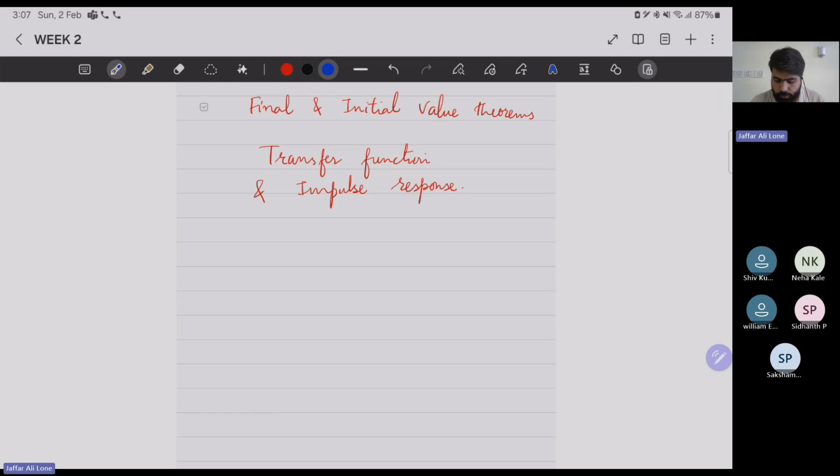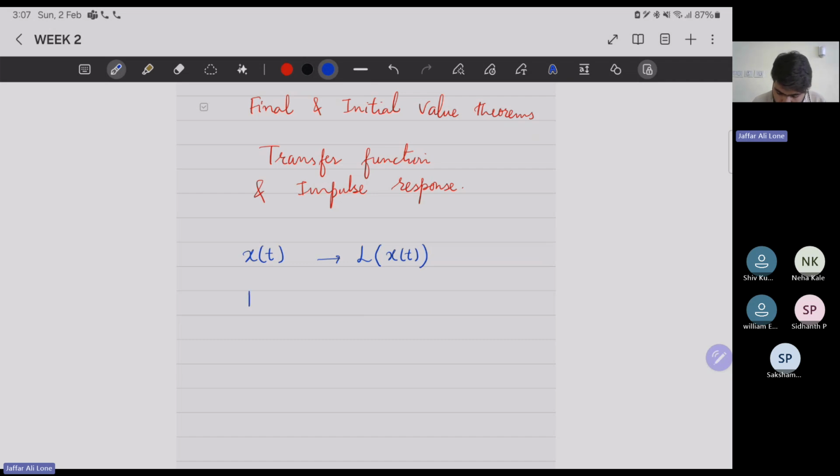Correct. So let's start. I'll just recap whatever you have read so that it will be easier for you to understand problems. Quick recap. If we are given a signal x(t), and if we have to find the Laplace transform of this signal, we denote it like this. So this is the Laplace transform of x(t).